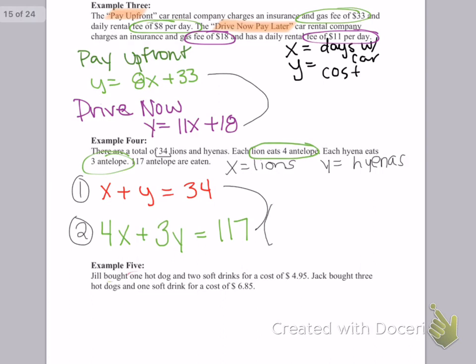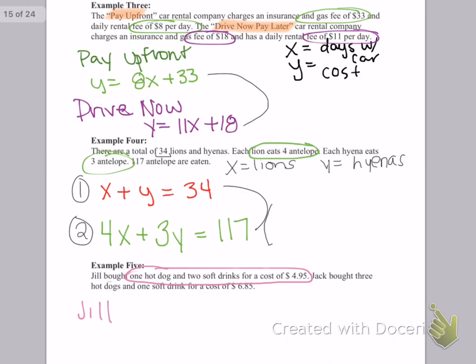And then lastly, example number 5. Jill and Jack went to a baseball game. Well, Jill bought 1 hot dog and 2 soft drinks for $4.95.